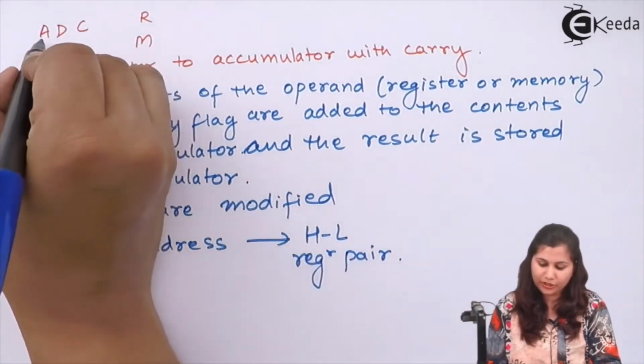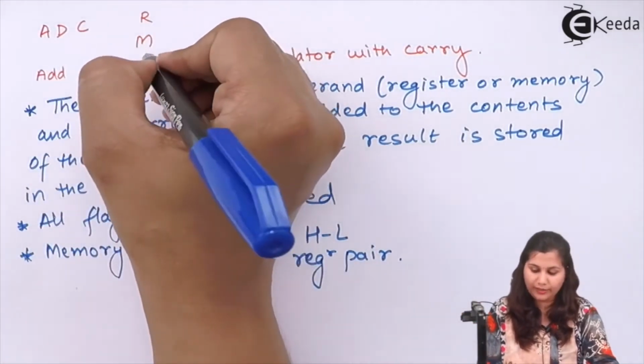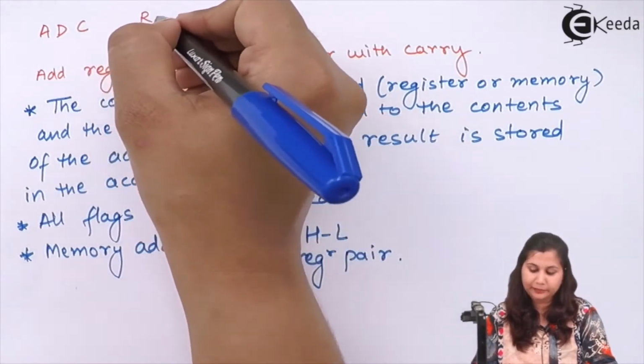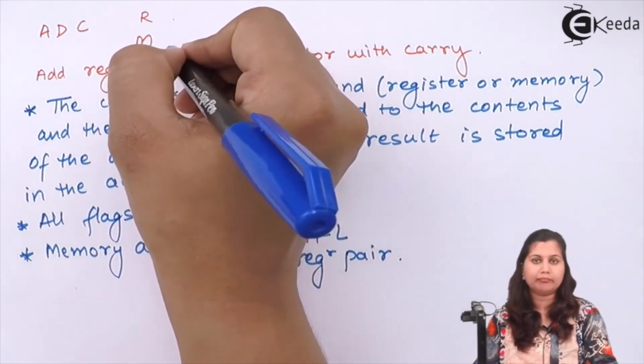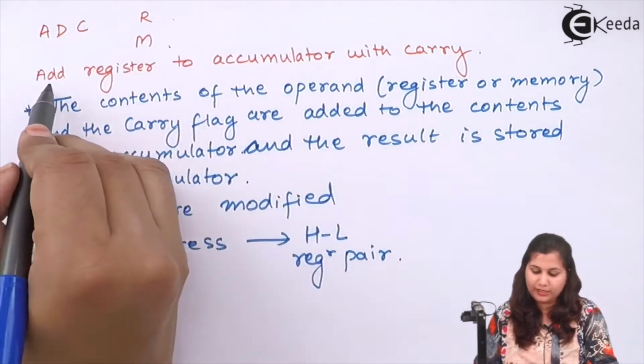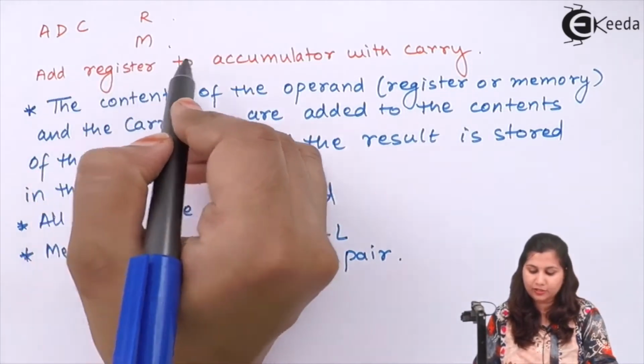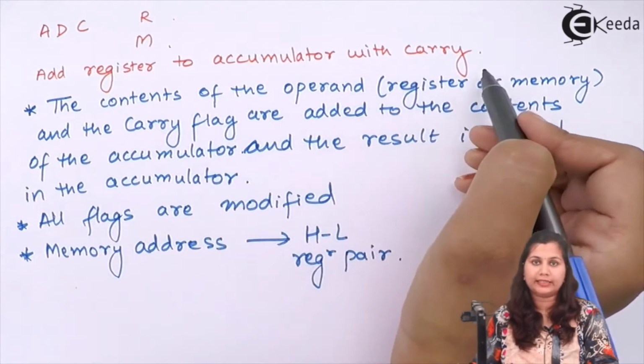So this instruction is ADC, R or M. The operand can either be a register or it can be a memory location. So this is adding the register to the accumulator with carry.